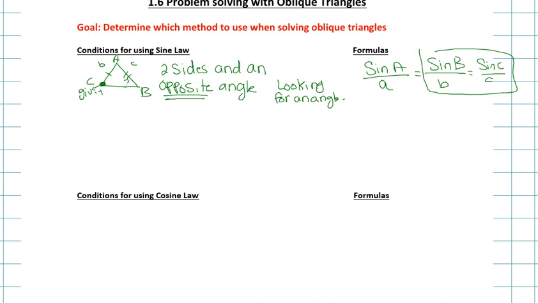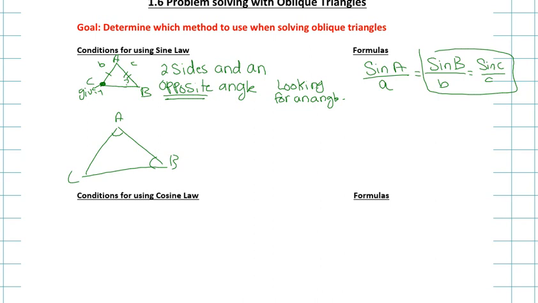Now, the other option is when I have two angles and any side. So if they gave me two angles, let's say angle A and angle B, and any side, it doesn't matter which side, because even if they gave me side C, I can solve for angle C. How can I solve for angle C?